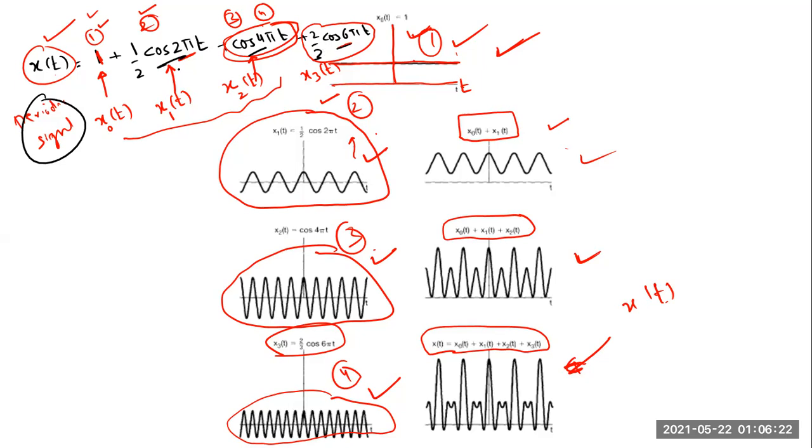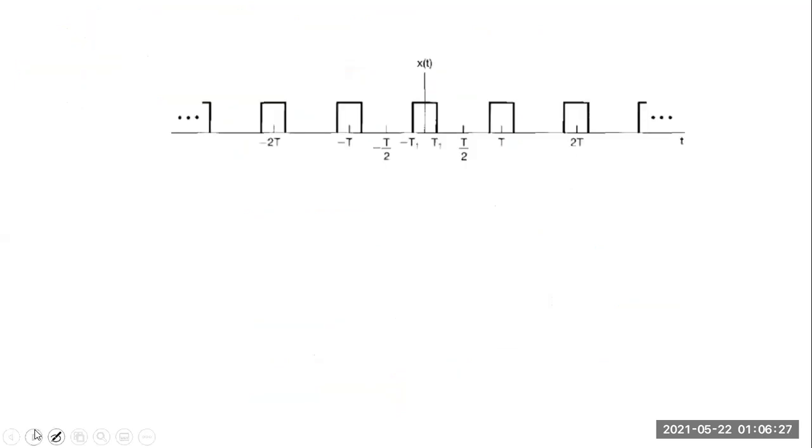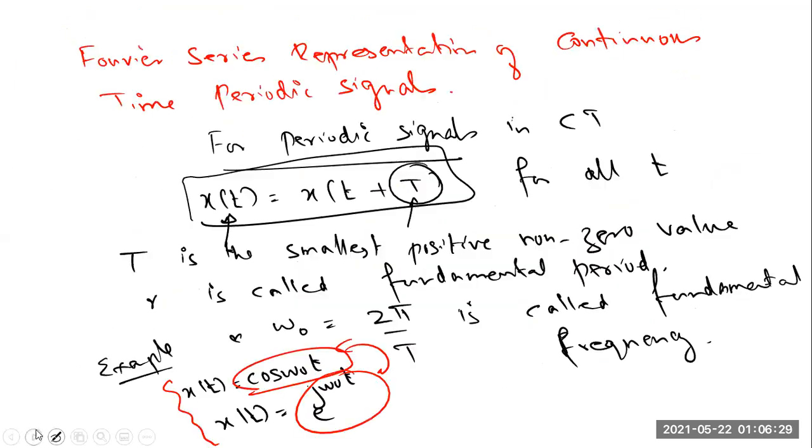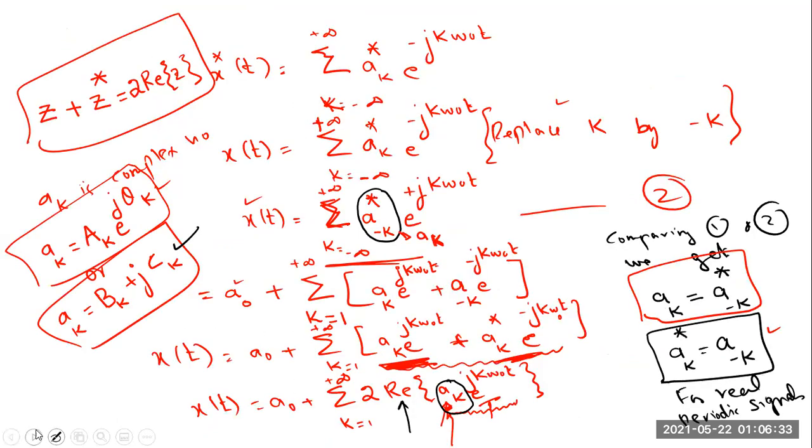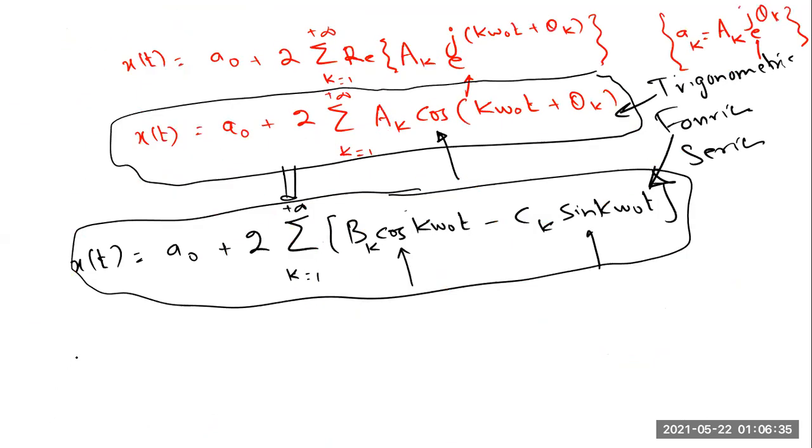So this was basically the Fourier series in its trigonometric form, which involved only cosine. It was using this form. Now, as I mentioned, we will be making use of the Fourier series represented in complex form.